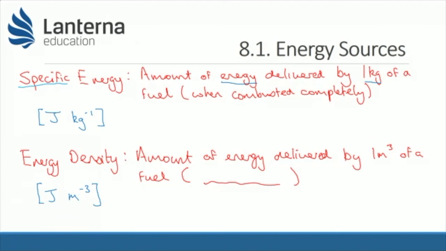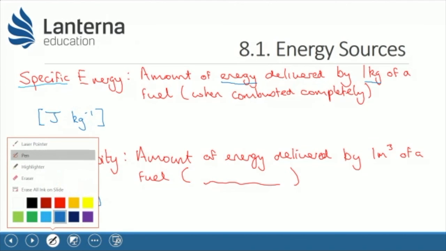Now let's look at these two values. We can go from one to another. Looking at the specific energy, if I times it by kilograms, I get rid of this, and if I divide by the volume, I get the energy density.